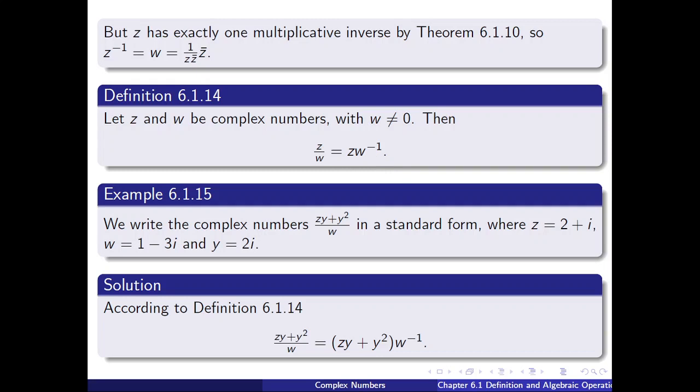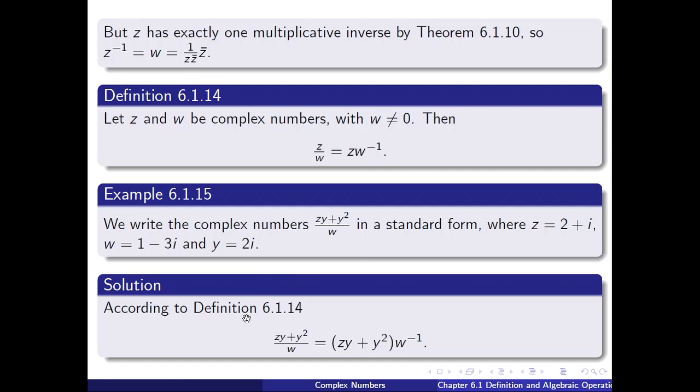So let's look at the example that we have. We write the complex number zy plus y squared over w in standard form, where z is equal to 2 plus i, and w and y are given. We want to write it in the form a plus bi.